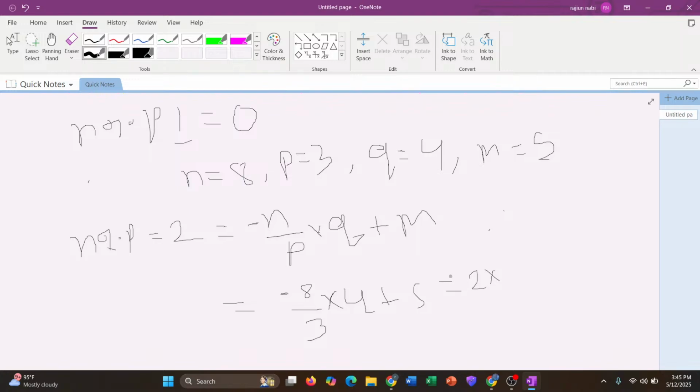That means this is minus 2 and this is 4, which is minus 8 plus 5, and we can say it is minus 3. So the sum of the first n remainder p elements will be minus 3.